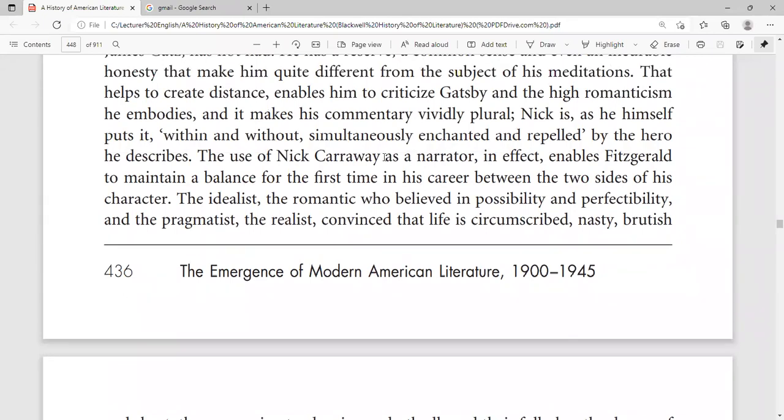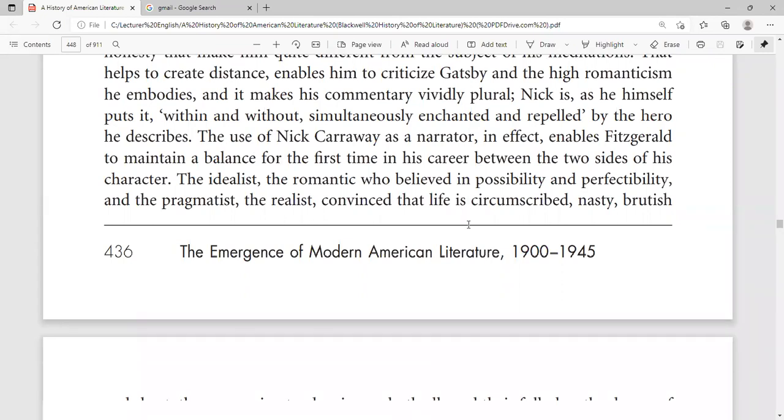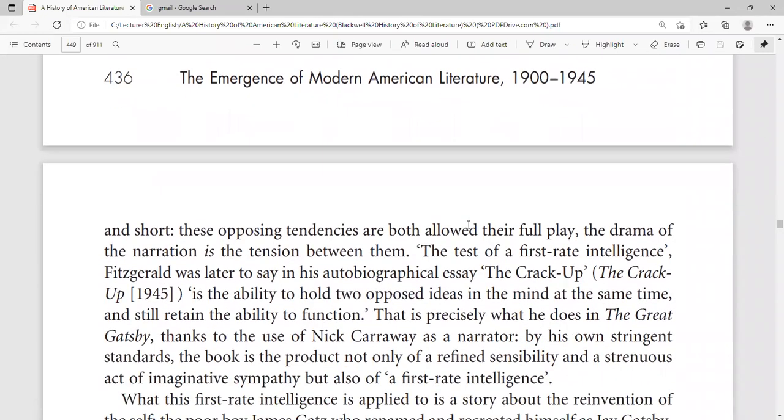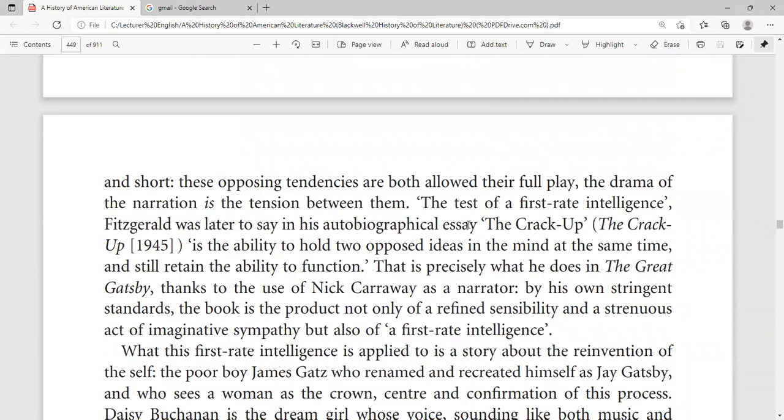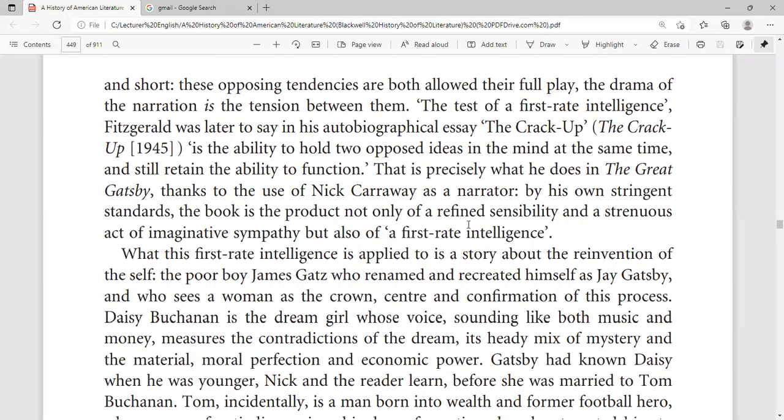The use of Nick Carraway as narrator enables Scott Fitzgerald to maintain a balance for the first time in his career between the two sides of his character. The idealist, the romantic who believed in possibility and perfectibility, and the pragmatist, the realist who is convinced that life is circumscribed, nasty, brutish, and short. So one is represented through Gatsby, another is represented through Nick Carraway.